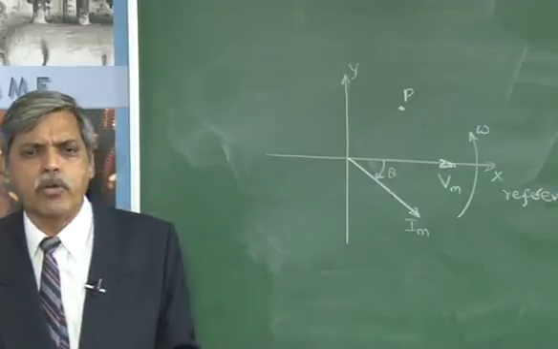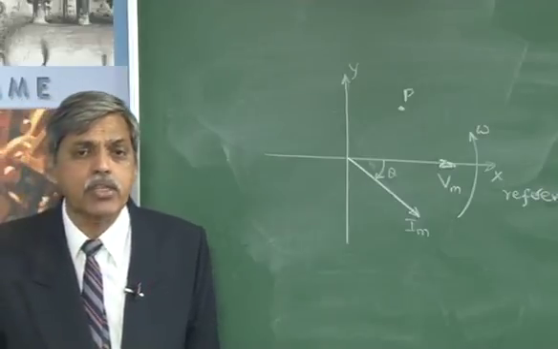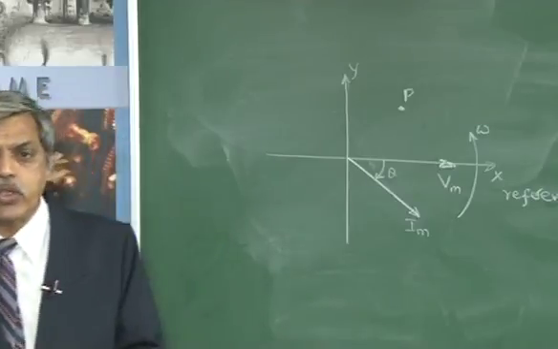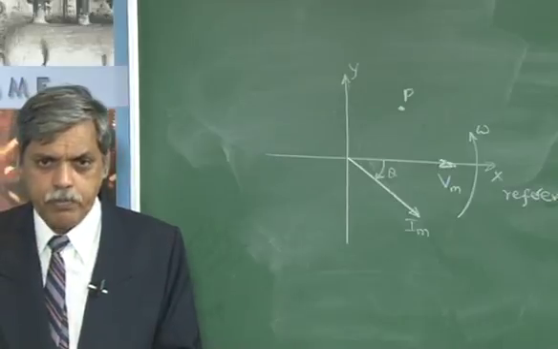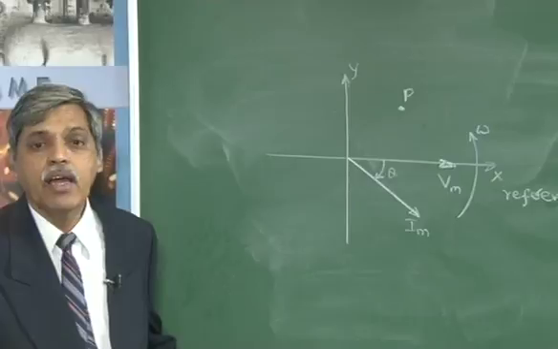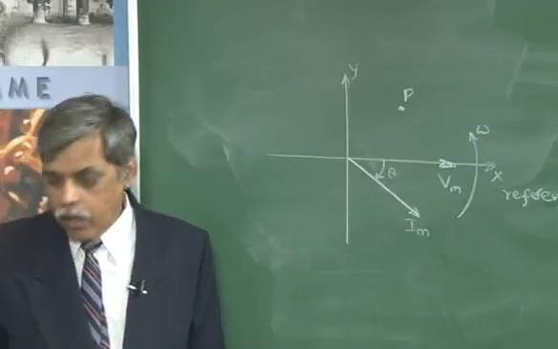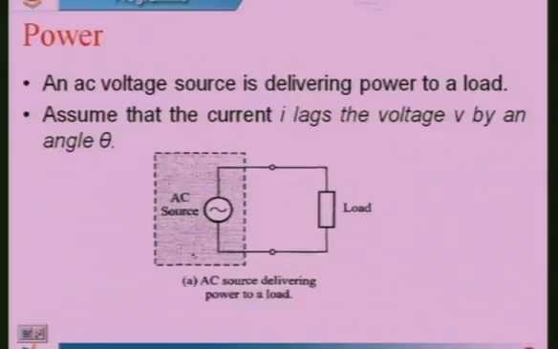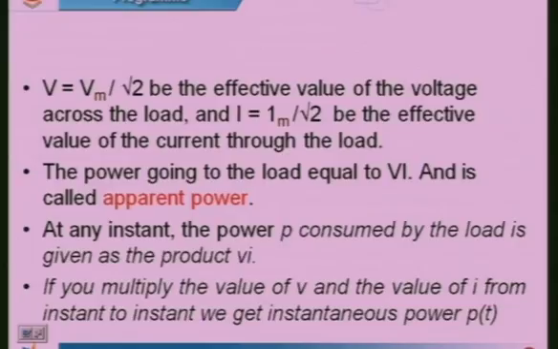I will just tell you about the power in AC circuits. An AC voltage source is delivering power to a load. Assume that the current is lagging behind the voltage by theta. Since it is an AC source, the current is also AC, so the voltage as well as current both are sinusoidally alternating, but the current has an angle of theta with respect to the voltage axis.